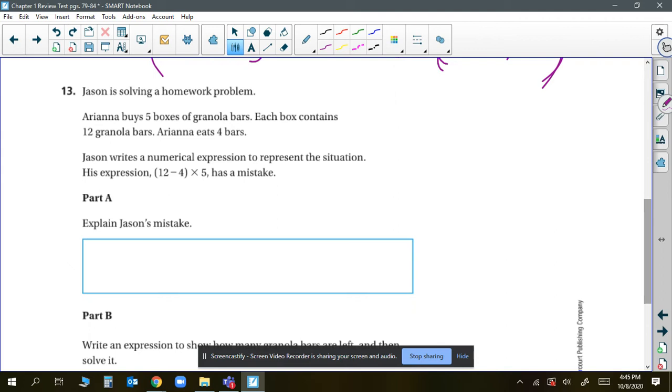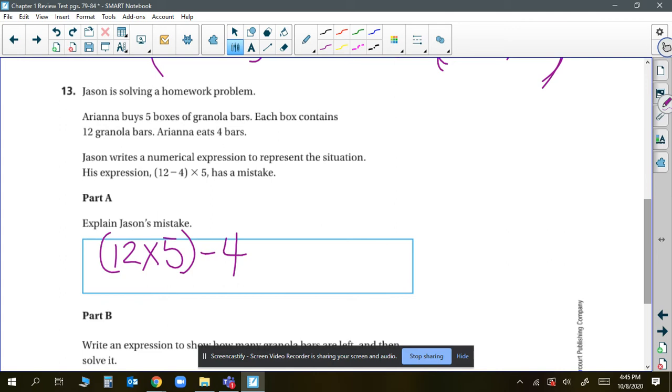Explain Jason's mistake. In his, he should have actually multiplied 12 by 5 rather than subtracting 4. So he should have actually done 12 times 5 and then subtracted 4.